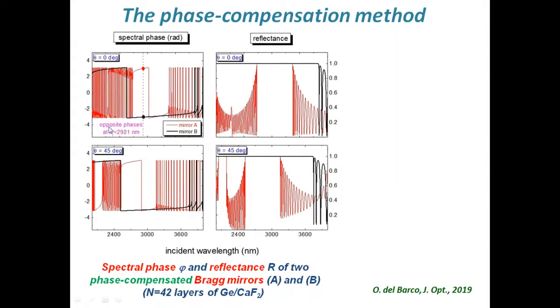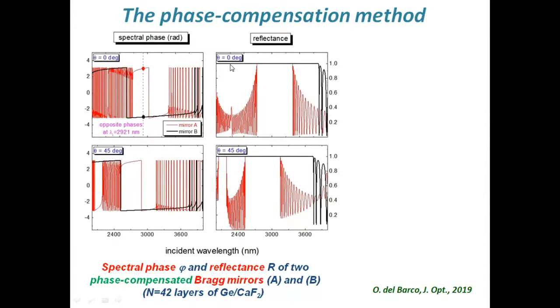When we choose this lambda R value, here we have the B multilayer, the black one, we obtain a broader spectral phase, also very smooth. And the same happens with the reflectance. This is the reflectance band for the A mirror, and for the optimized mirror we have this huge, ultra broadband reflector band for the B mirror.